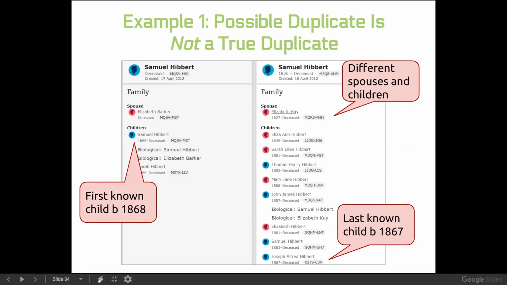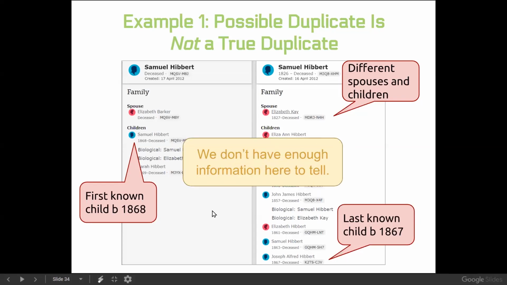So it is possible that this Samuel Hibbert married a different Elizabeth Barker, perhaps after his first wife died. This was the last child of the first wife, then the next child was the first child of the second wife. That's a possibility. We actually cannot tell from this screen.